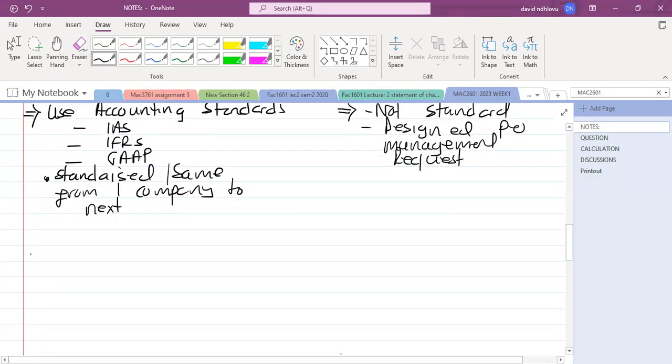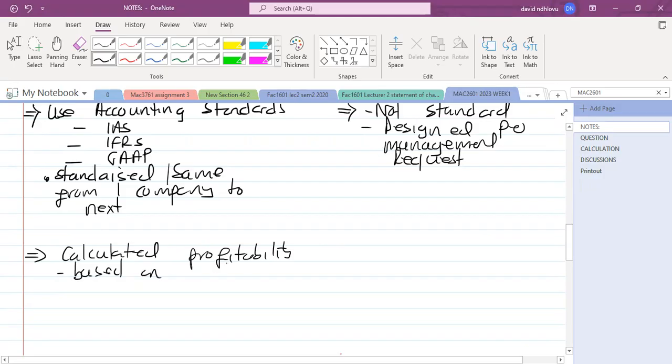Financial accounting is used to calculate profitability and is based on historical information.